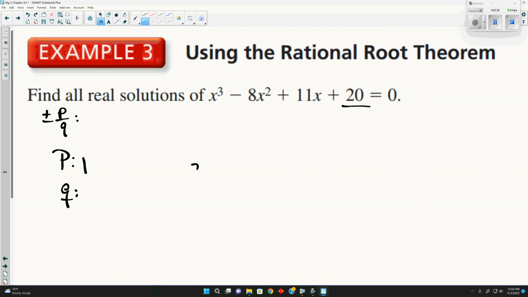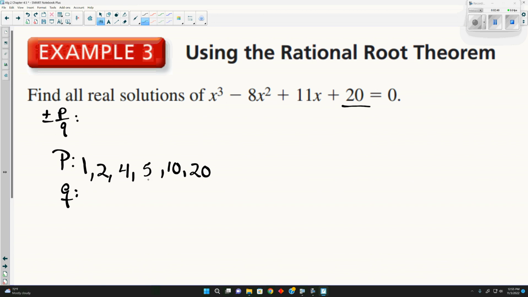So we would have 1 and 20. Then we'd have 2 and 10. 3 doesn't work, but 4 and 5 do. So all the factors of 20 are 1, 2, 4, 5, 10, and 20.